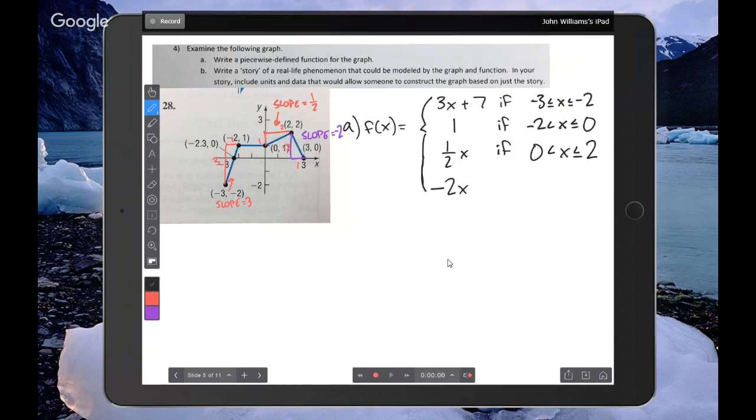That's better. Negative 2x, and let's see. If I went back one, I'd be at 4, 6. Plus 6. We're between 2 and 3. There we are. There's my function for part A.